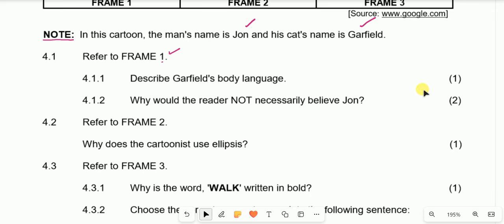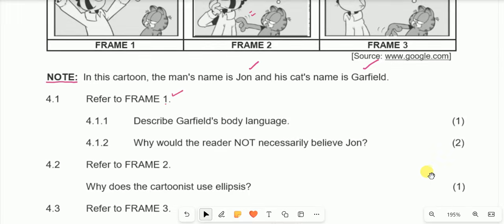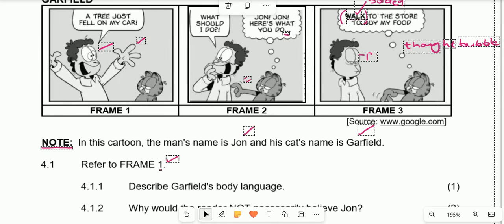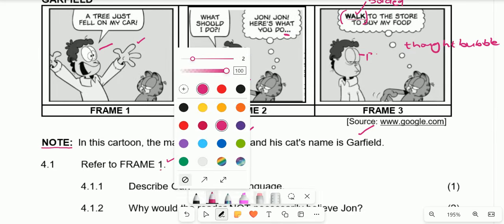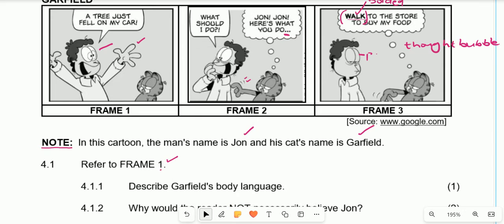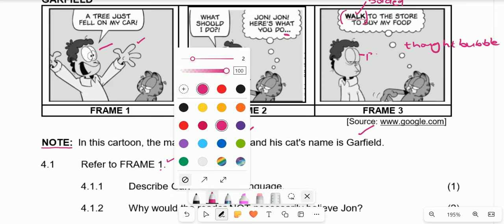So we go to frame one. Then remember, we are not looking for John's body language. It says Garfield. Look at Garfield. There's no movement, there's no action. We can say Garfield is standing still. That is the correct answer.